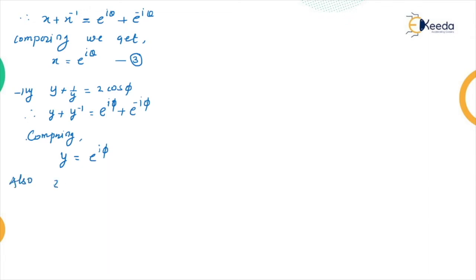Also z plus 1 by z, for reference we call this equation number 4. This is given to you as 2 cos psi.